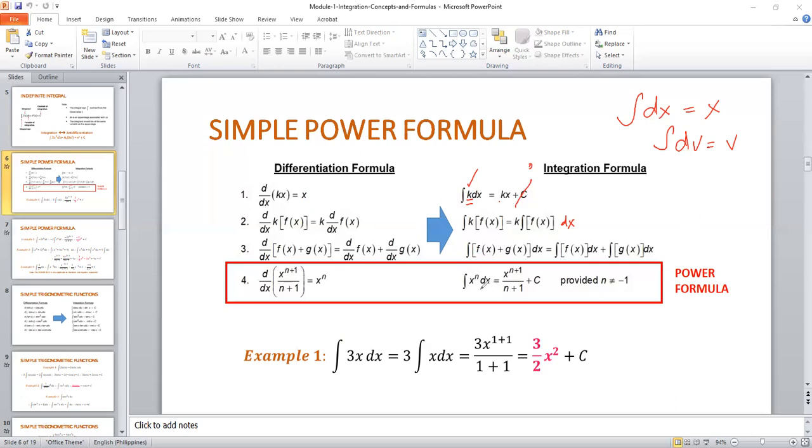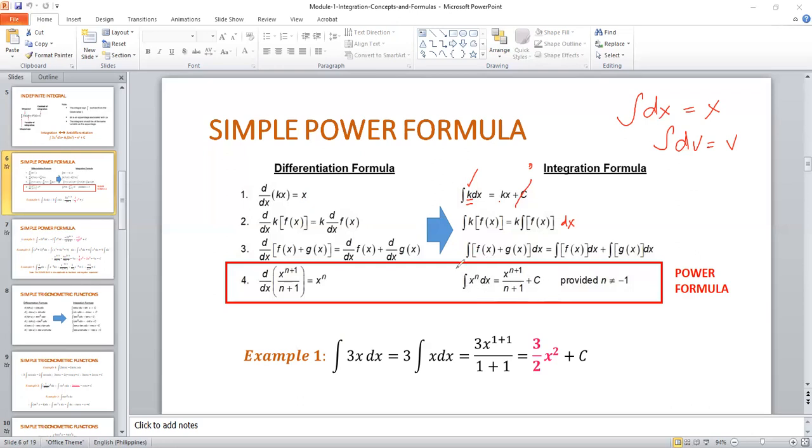So when you have a function raised to n, using the power formula requires you to simply add 1 to the n in your function. So you copy x raised to n, you add 1 to n, and the resulting exponent here to your function, that becomes the denominator. So you have x raised to n plus 1 over n plus 1 plus c.